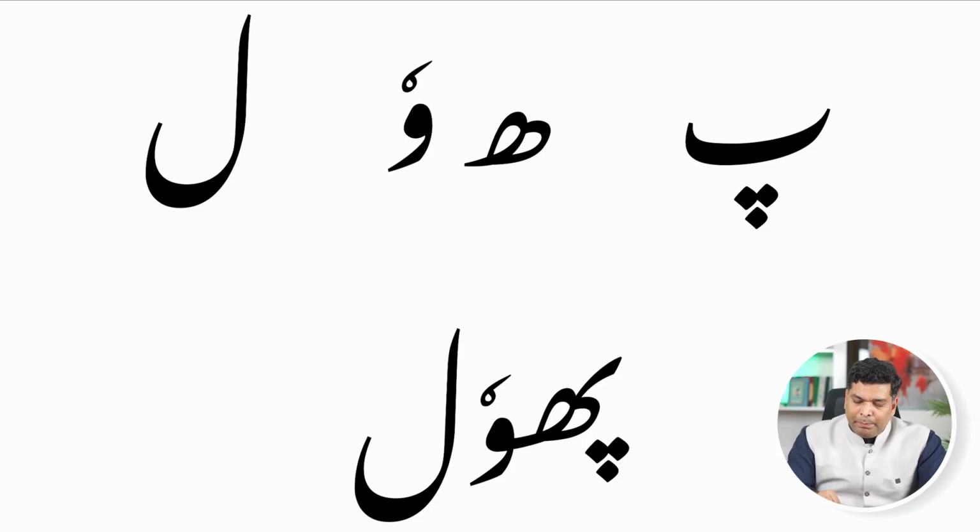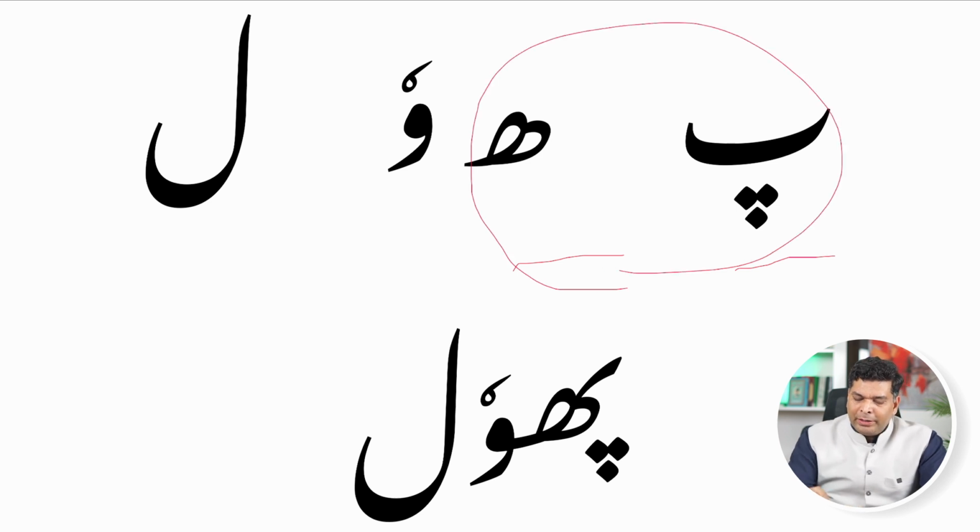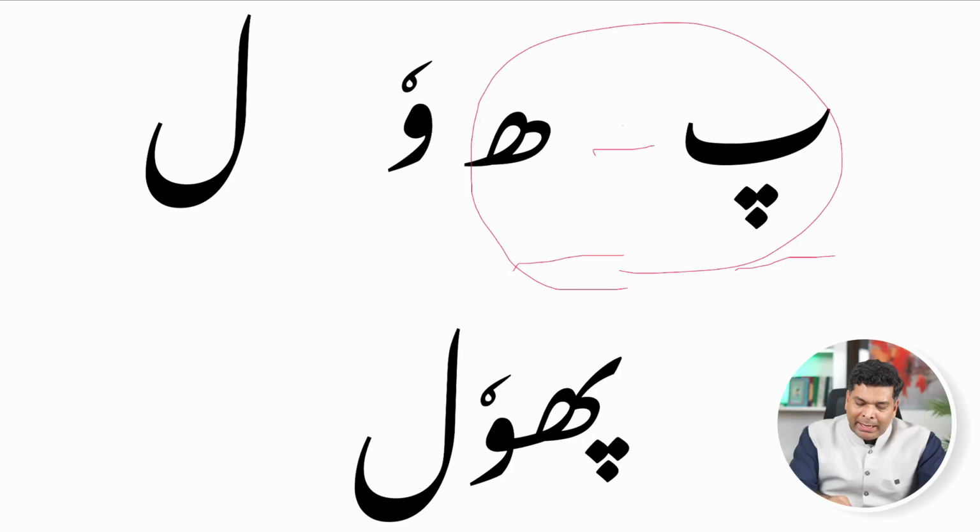In this case, this is also a four-letter word, but we can also call it a three-letter word. The reason being that pe and the chashmi together form another letter. In Hindi, for example, we have a letter called pa. Now, in Urdu, we do not have a standalone letter called pa, but by combining pe and the chashmi, I can make it pa.